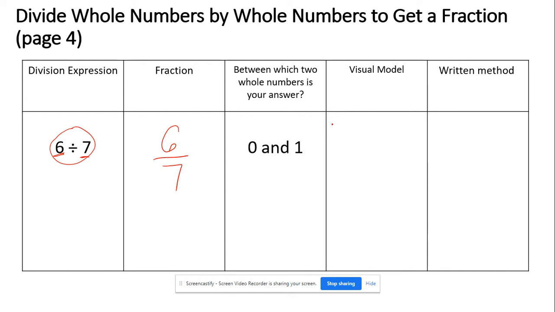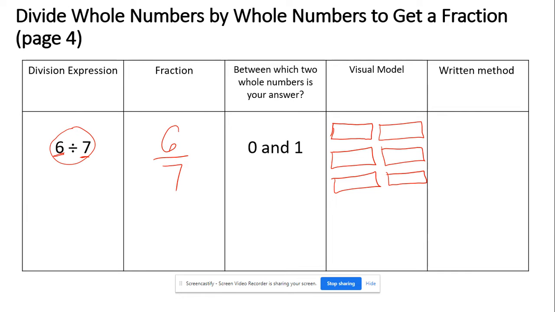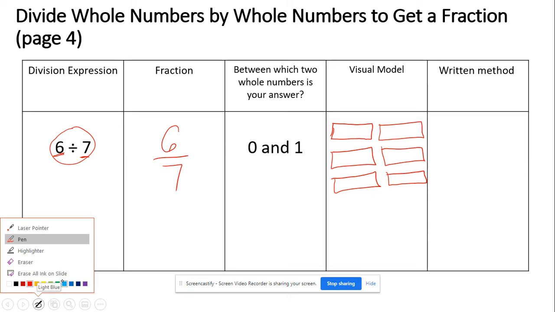So if we started with 6 wholes, and we wanted to divide these into 7 groups, notice we don't have enough for 7 groups, so we would have to split each one into 7 parts.